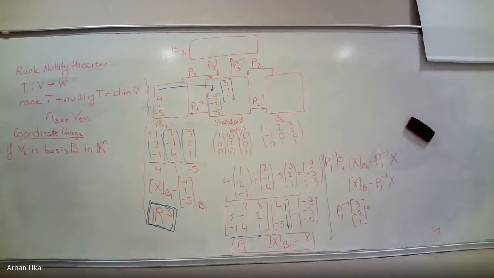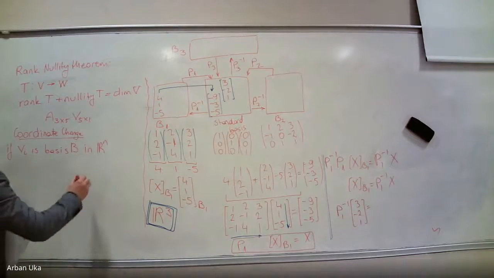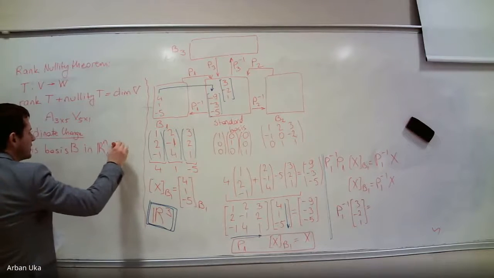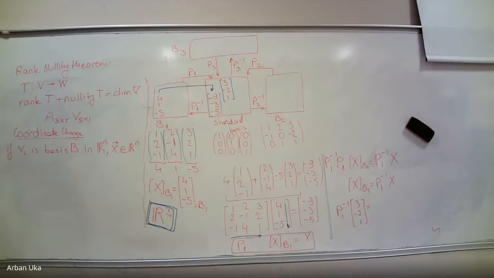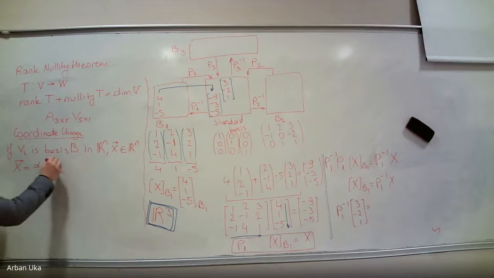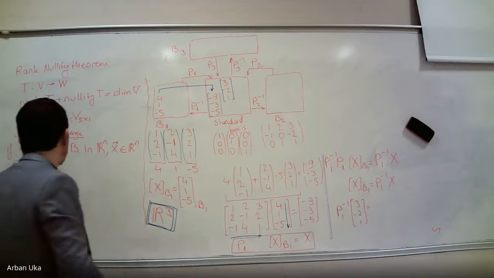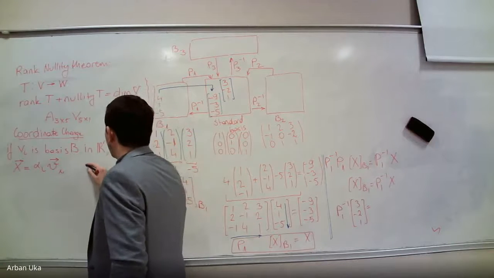So here we have, if Vi is the basis B in Rn, that means that vector X is in Rn, that's for sure. And then any vector X can be written as the sum of alpha i times Bi. What is alpha i?